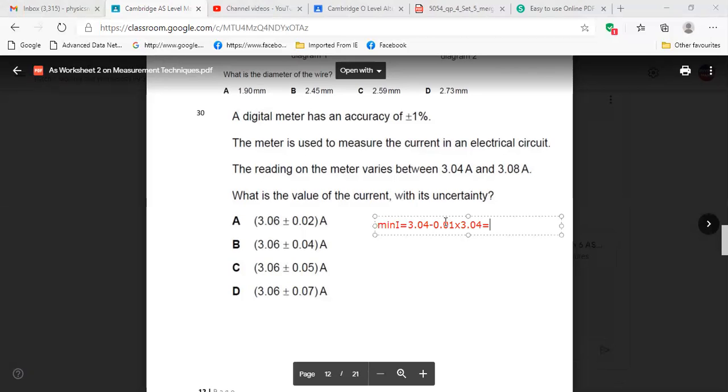What is the possible error in 3.04? If you get this error, that will be subtracted from 3.04. That means that could be our minimum value of I in ampere. That's why we multiplied.